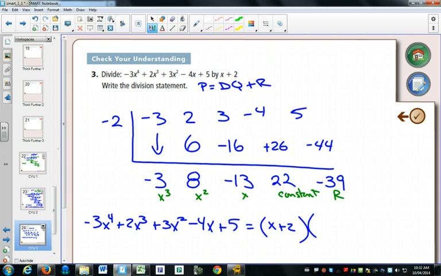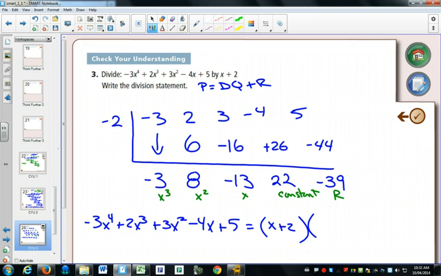Or the other thing you can think about is if I have an x to the 4 as my original one, and I'm dividing by an x, my highest power is going to be an x cubed. Then you can work your way from right to left.